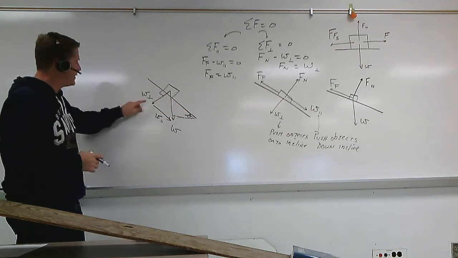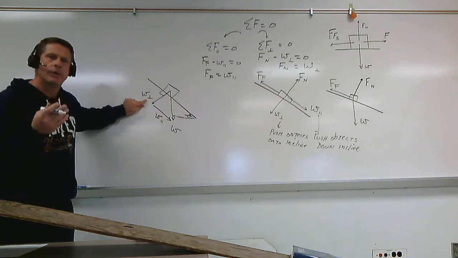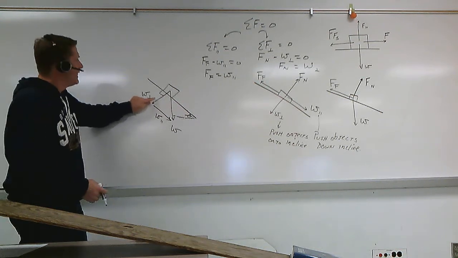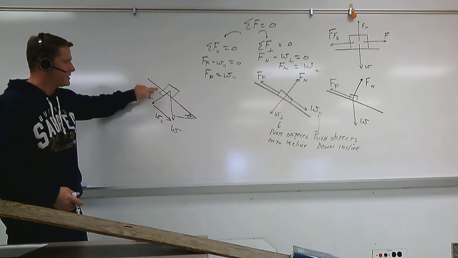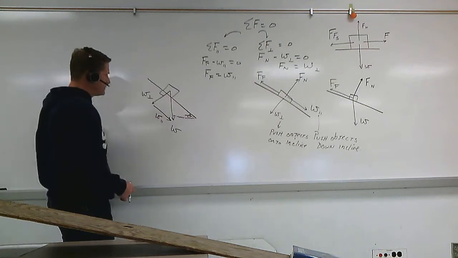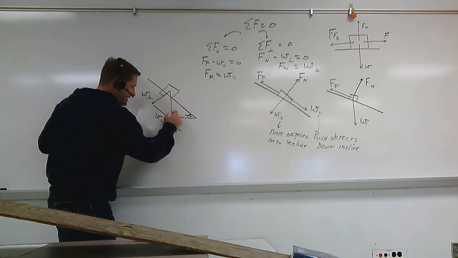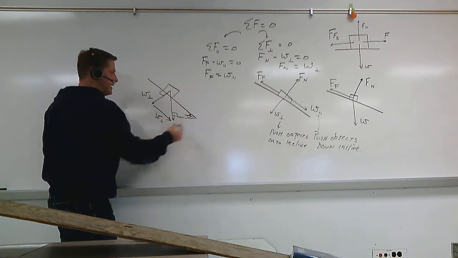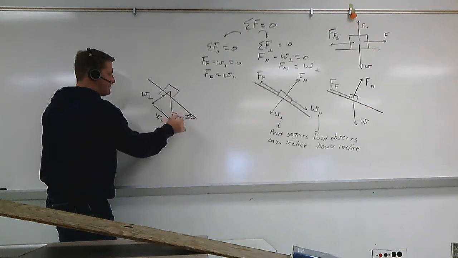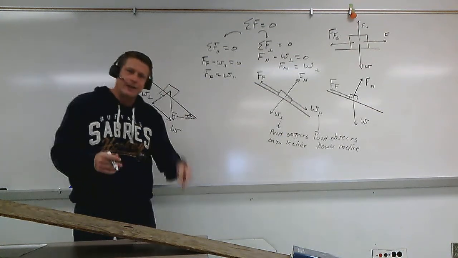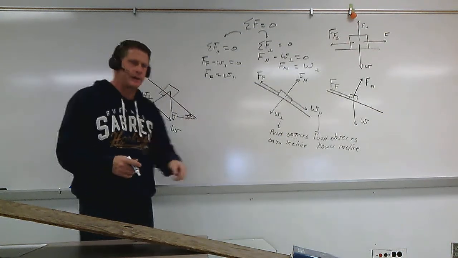How do we know it's 90 degrees? Because this is the perpendicular component to the incline, which means that vector has to be perpendicular to the incline. This is 90 degrees as well, because the ground and the weight make a 90-degree angle, right? The weight goes straight down so that it's perpendicular to the ground.